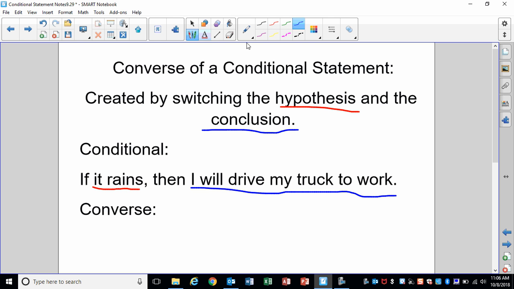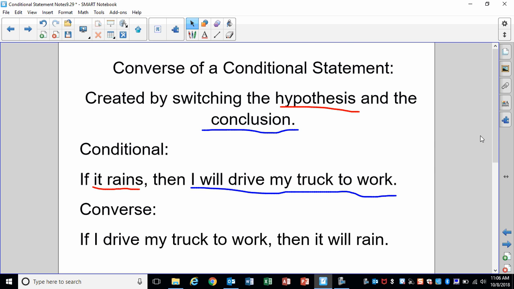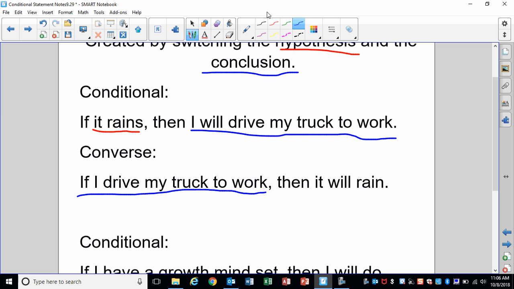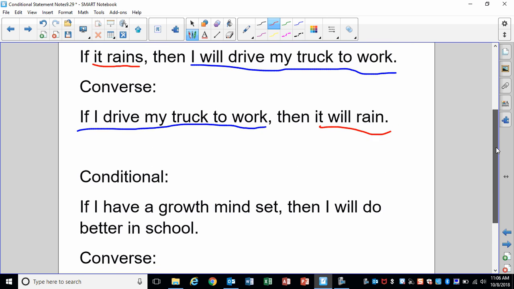So when we create the converse, we're going to flip the two of these. And it creates a sentence that says, if I drive my truck to work, then it will rain. So flipped from the original order.